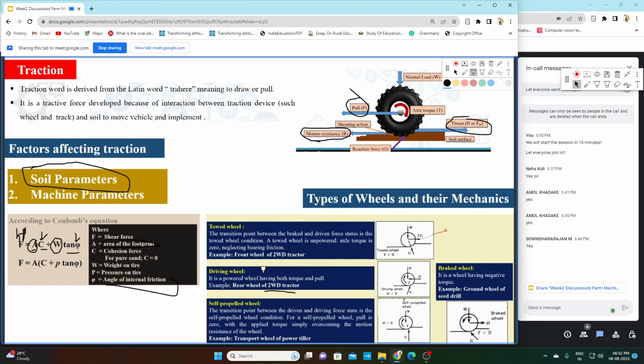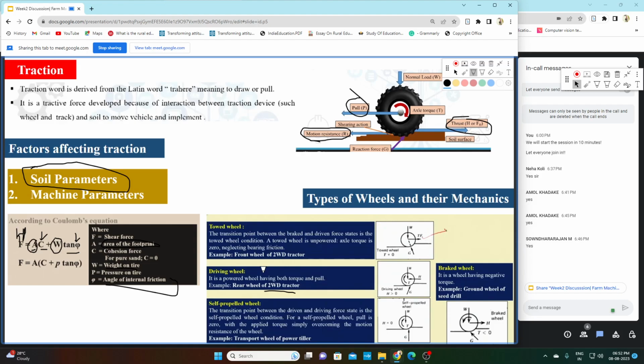It has torque, the rear wheels are moving, but it is not pulling any implement or anything, so pull is zero. So self-propelled wheel means it has torque but does not pull any implement. Okay, brake wheel is clear. It has negative torque, torque in the opposite direction. It has torque, but its torque is in the opposite direction to the motion.